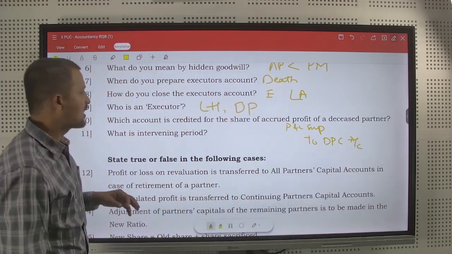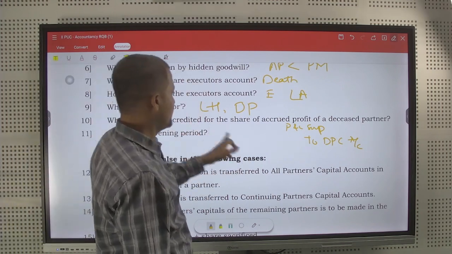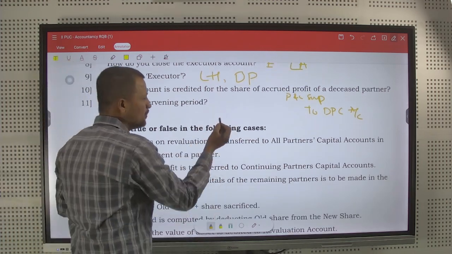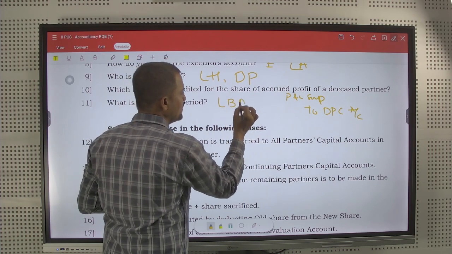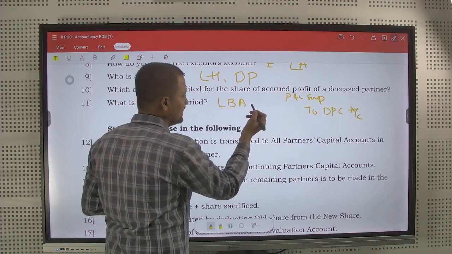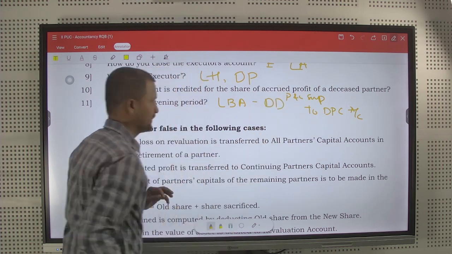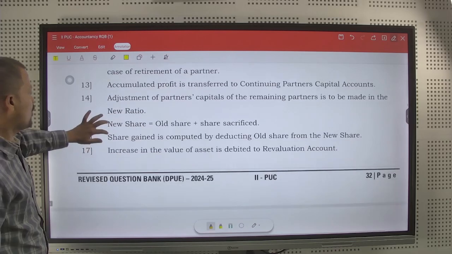So the account which is credited here is the deceased partner's capital account. What is the intervening period? The intervening period is the period between the last balance sheet and the date of death. Very simple. Next, true or false?